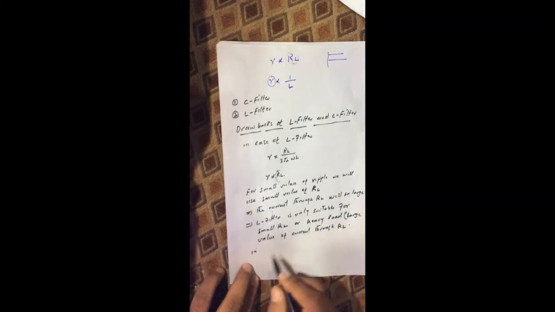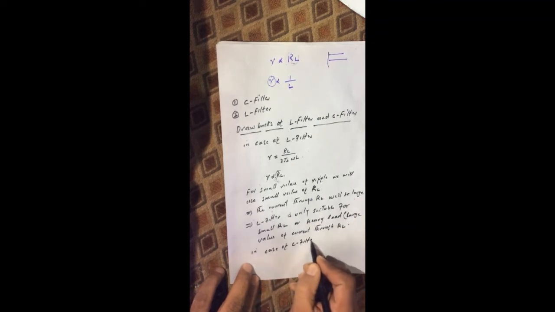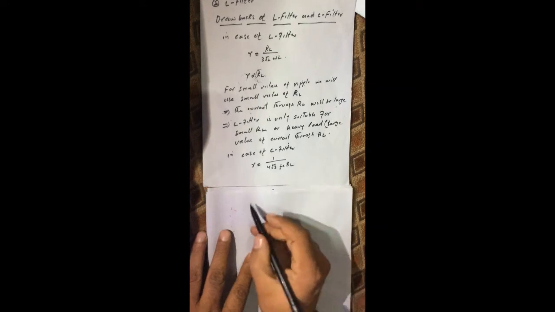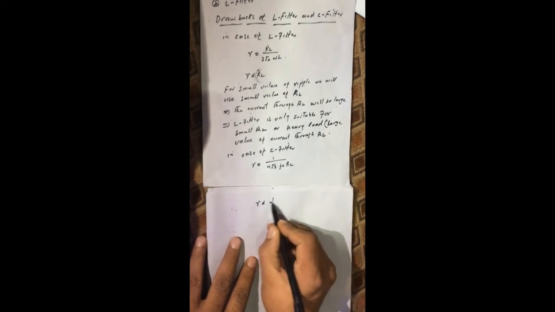Now, next we have the case of C filter. The ripple factor gamma is given by this relation, 1 over 4 into square root 3 FCRL. Now this equation shows that the ripple factor is inversely proportional to RL, the load resistance.